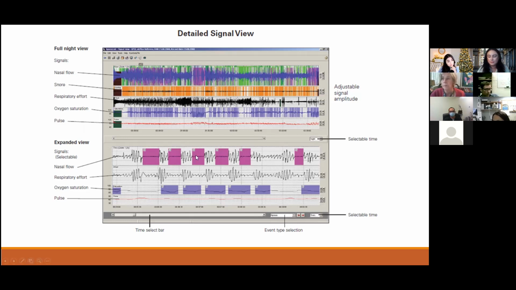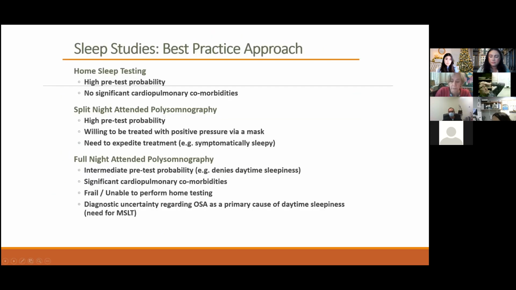And you can see from the signal here, it's pretty similar from the respiratory standpoint, what we're looking at in these patients. Again, you can see this patient's having absent airflow, ongoing respiratory effort, and there's some associated desaturations with these respiratory events that are occurring. So home sleep tests, we really use these in people with high pretest probability.